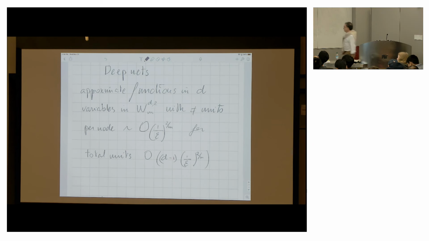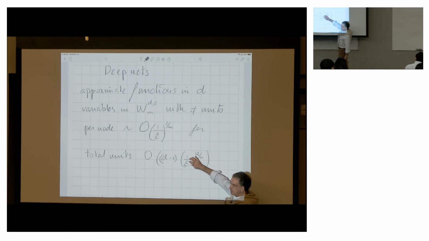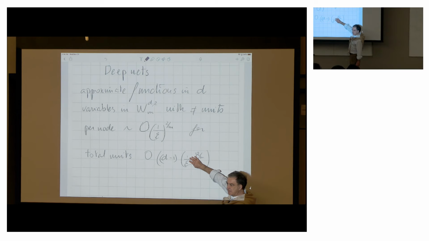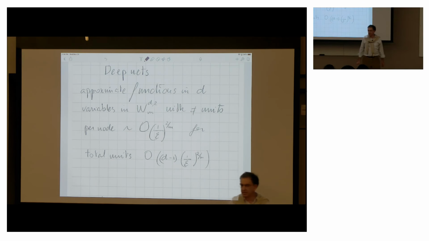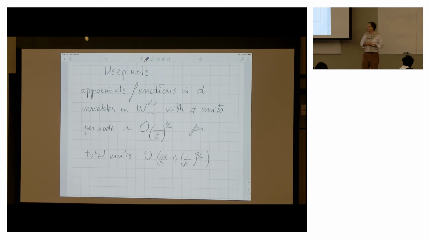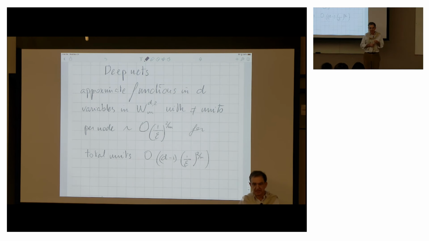And so you have this term which depends exponentially on the dimensionality, but then it's linear in the dimensionality. And interestingly, I'll come back to this later, most of the really successful neural networks, maybe the only ones which are really successful, are convolutional networks. And convolutional networks have this structure.